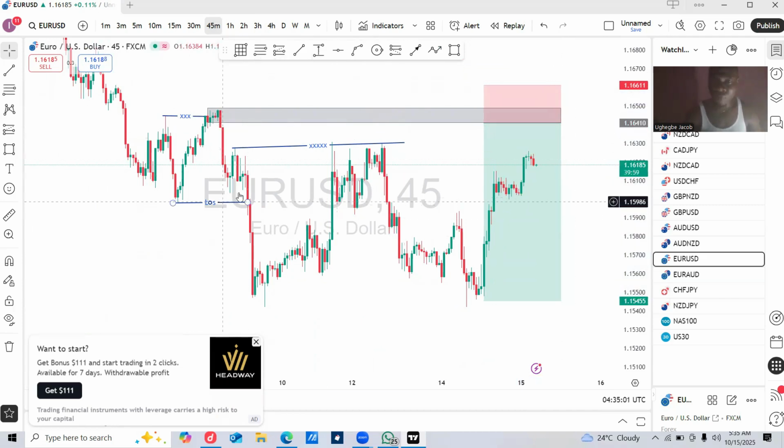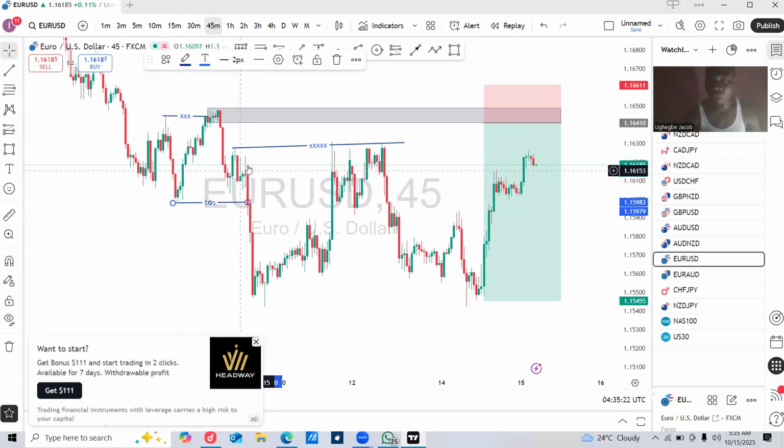You can see that, first of all, before looking at this area as my order block, I saw a sweep of liquidity here, then it broke the recent low. Now, this recent low that I was saying the market broke, you see what happened?